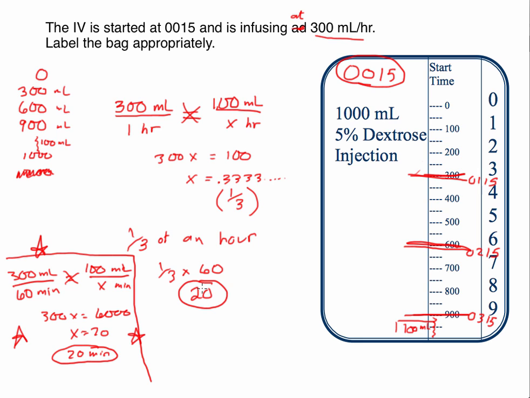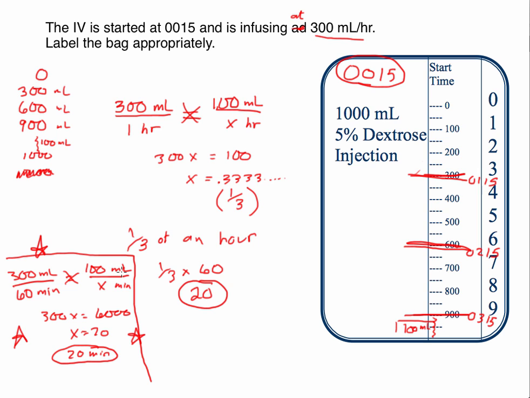And that would be wrong. So in this case, what students tend to do is they incorrectly round and then use that rounded number. However, with this one down here where I have stars, there's no rounding at all. We know that there are 300 milliliters infusing in 60 minutes. We need to figure out how many minutes are elapsed over that 100 milliliters.